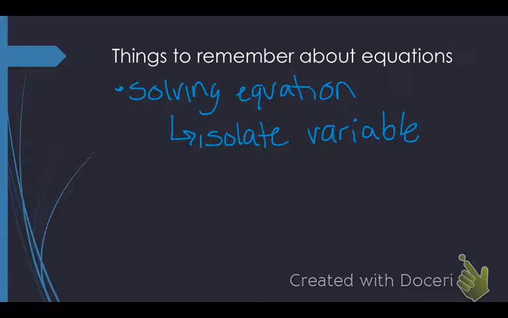That is the entire reason behind everything that I do with equations. My entire goal is to isolate the variable so that I can determine x equals 3 or y equals 5 or whatever values it might be. So my entire goal is to create equivalent equations by doing the same thing on both sides to isolate the variable, which brings me to my next point.